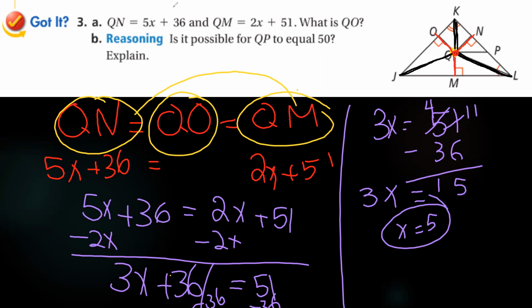So after I find x, the length of QM is 2x plus 51.